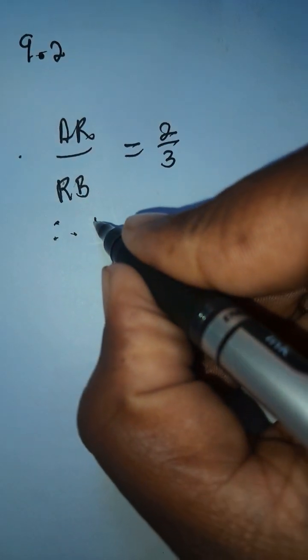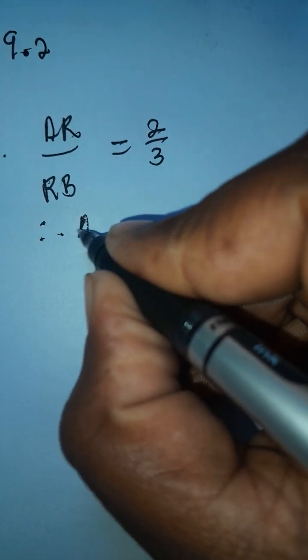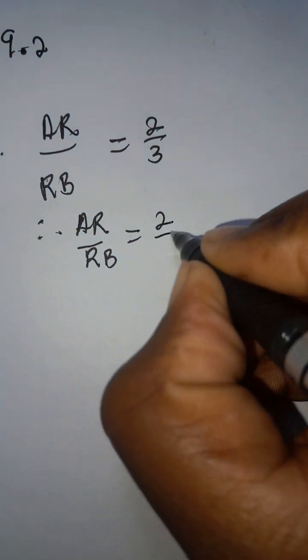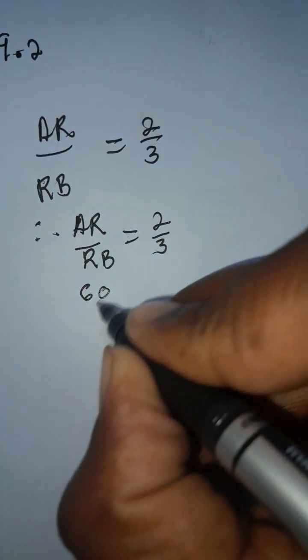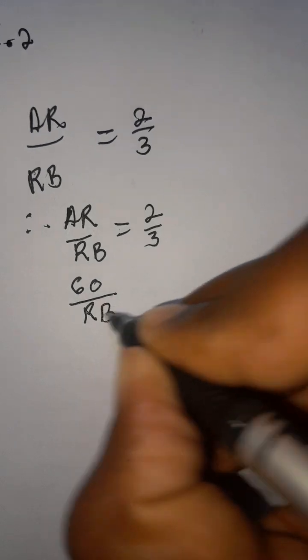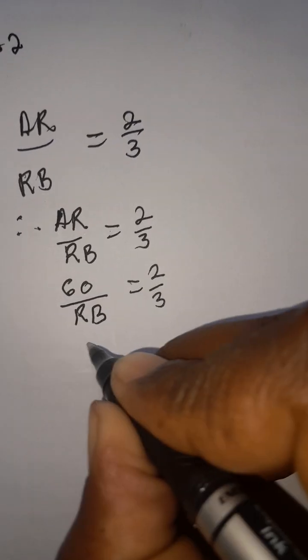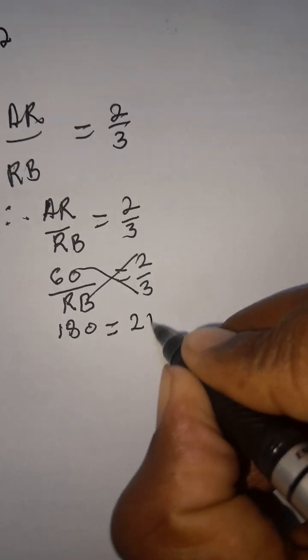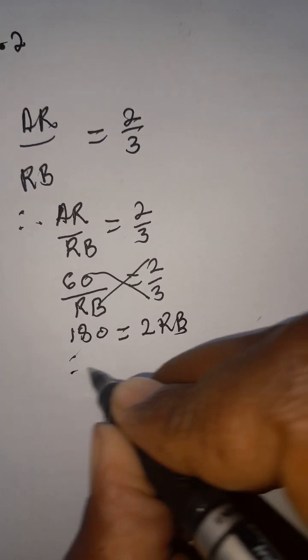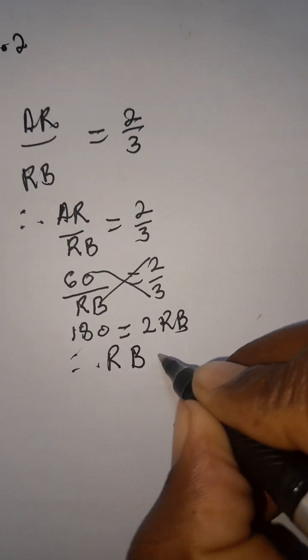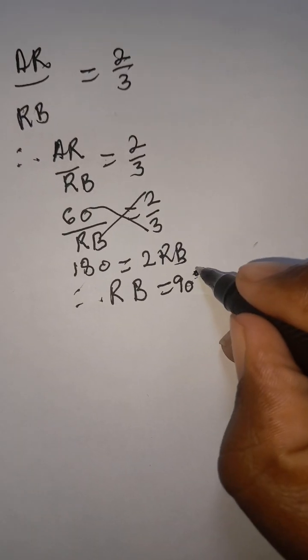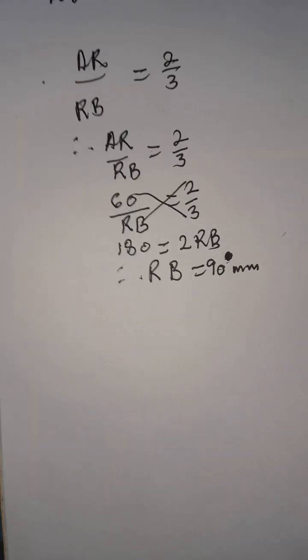Remember, we said that AR is 60 and we were looking at RB. Then we cross multiply, that will be 180, which is 2 RB. In other words, RB is 90 millimeter, not degrees. Where did I get degrees? 90 millimeter.